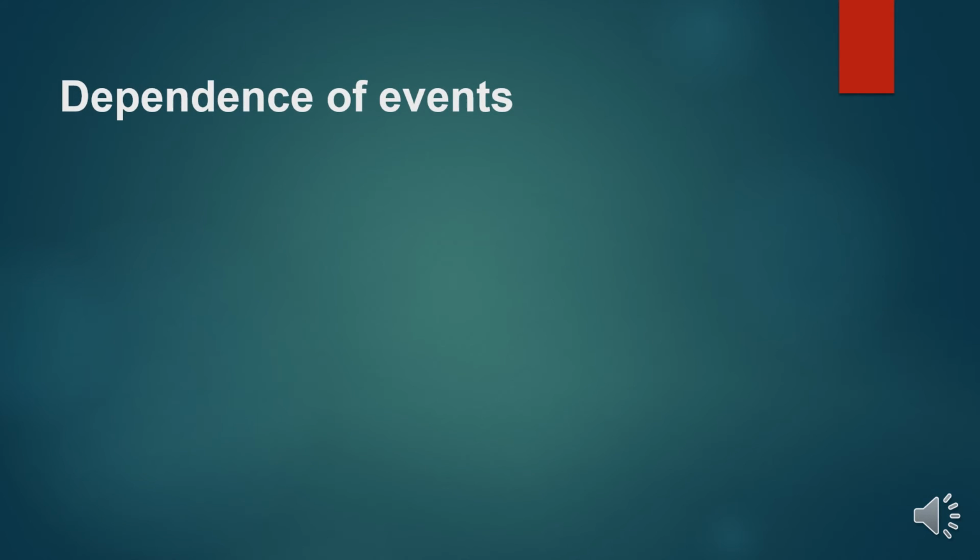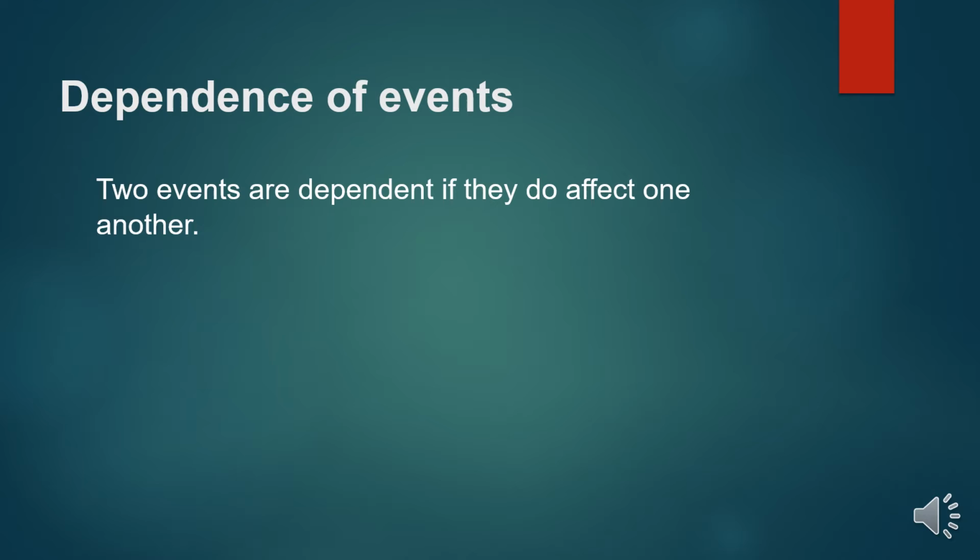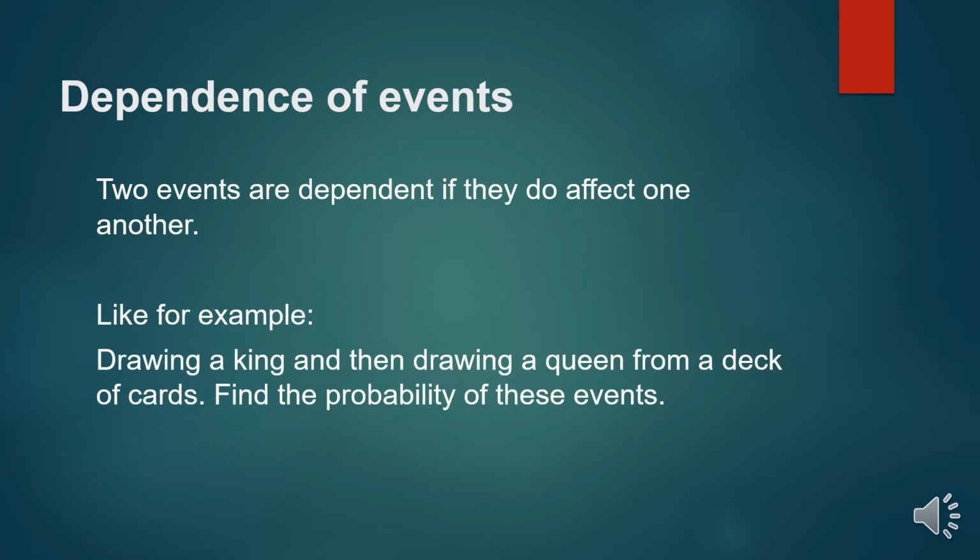Next is dependence of events. Two events are dependent if they do affect one another. For example, drawing a king and then drawing a queen from a deck of cards. Find the probability of these events. These events are dependent because drawing a king changes the probability of drawing a queen without the king in the deck.